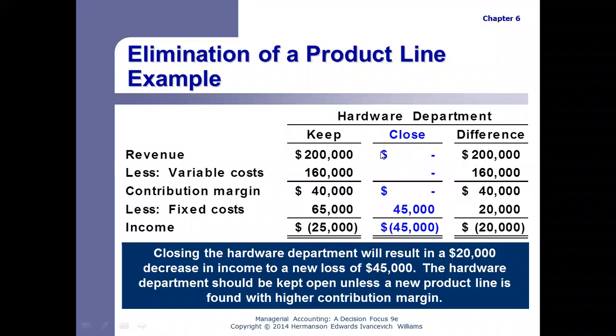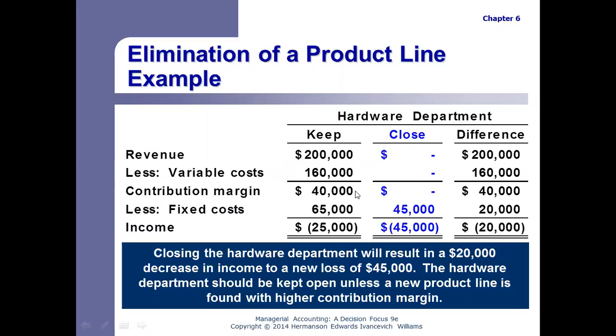We have to look at what happens to each line item if we close the hardware department. Those $200,000 of sales revenue would all go away because we wouldn't have anything to sell. Likewise, the cost of goods sold, the variable cost, will go away as well because we wouldn't have to buy any inventory if we're not going to sell any.